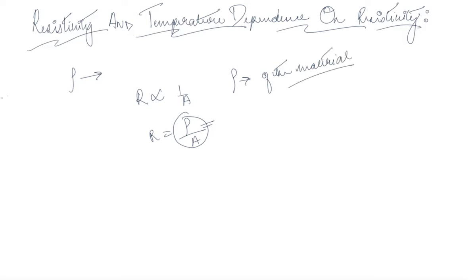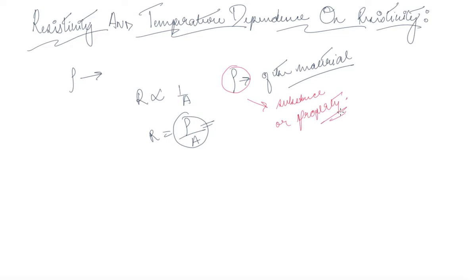Plus we had already had a discussion where we said that it does not depend upon the dimensions of the material but rather on the substance or the material property. So this is what we had established so far.